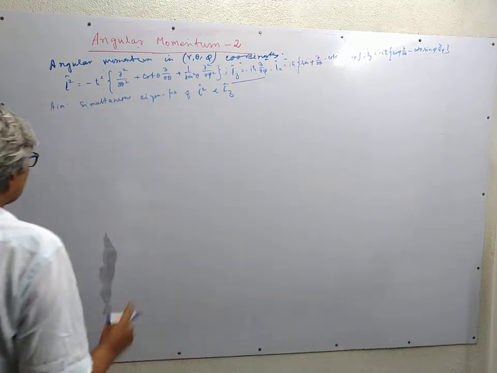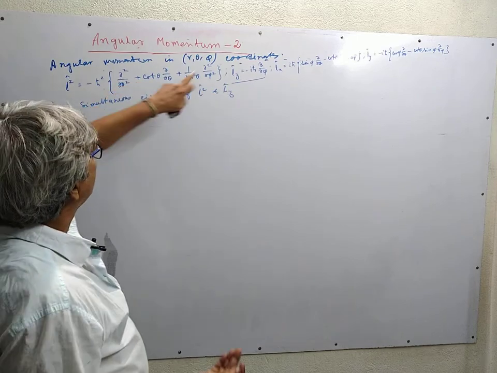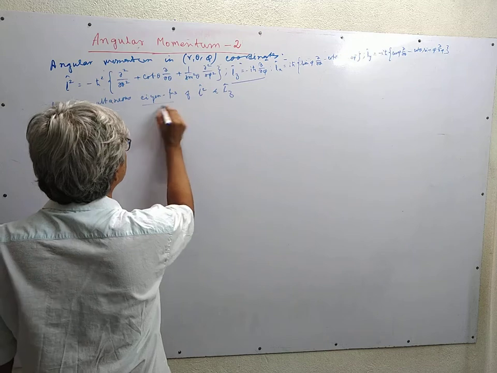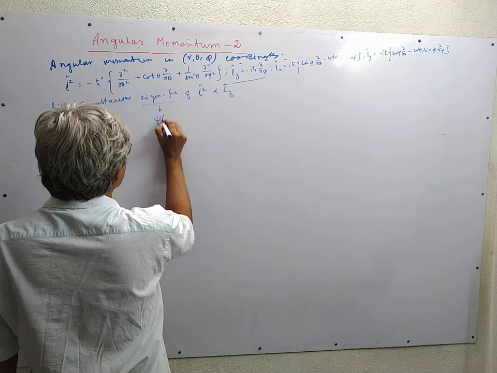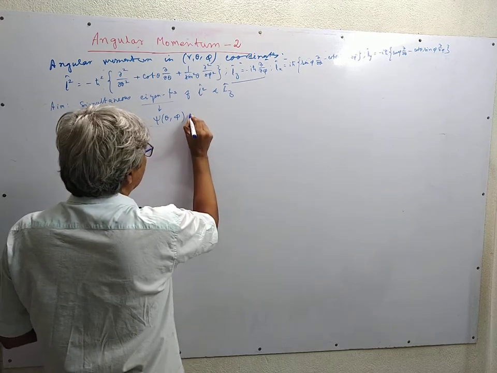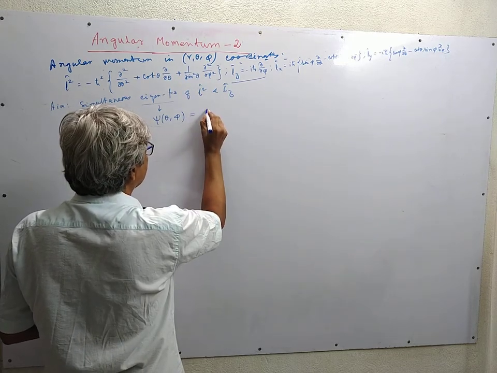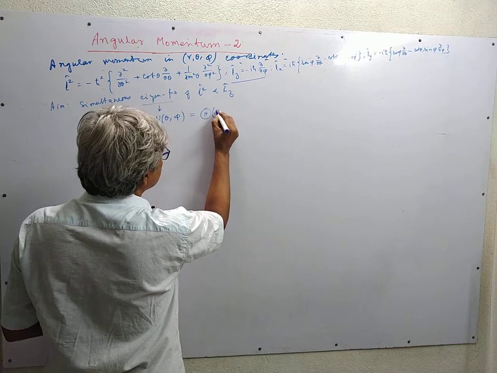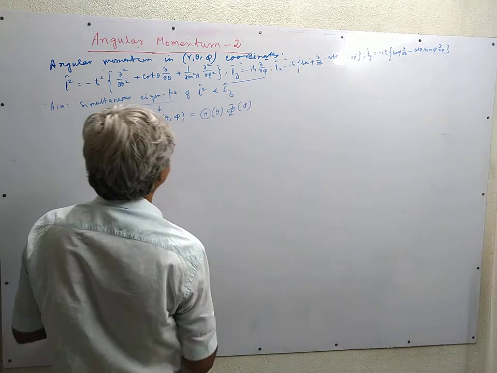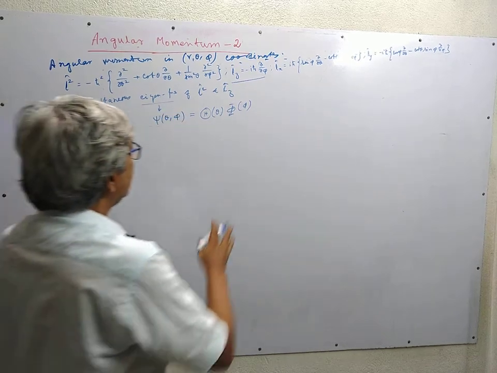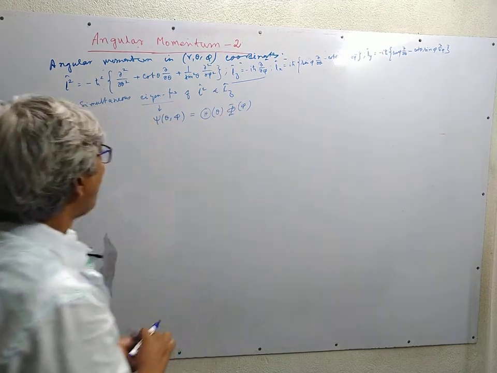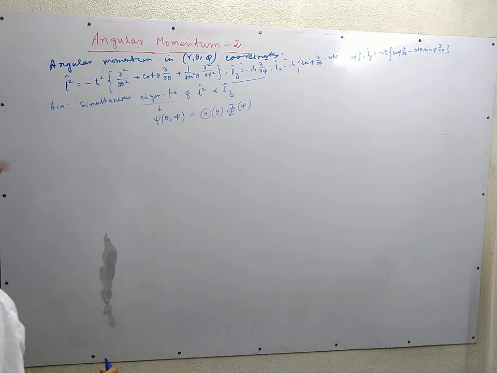We assume this eigenfunction will obviously depend on theta and phi. If we assume the separation of variables technique, then it can be written as big Theta of theta times big Phi of phi. So this is the wave function in the separation of variables technique.